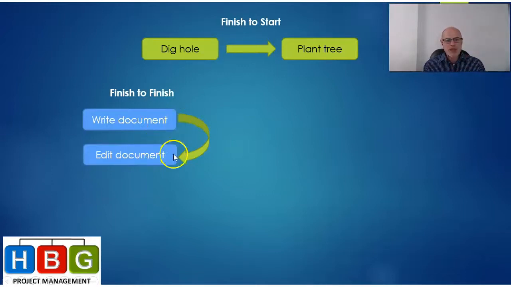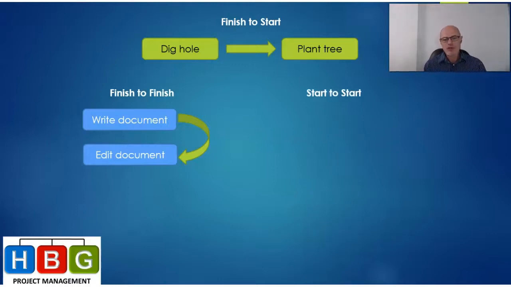But editing the document will never finish if writing the document isn't finished. So it's a finish to finish relationship. Once you finish writing the document, the editing, which follows it, can then also finish.